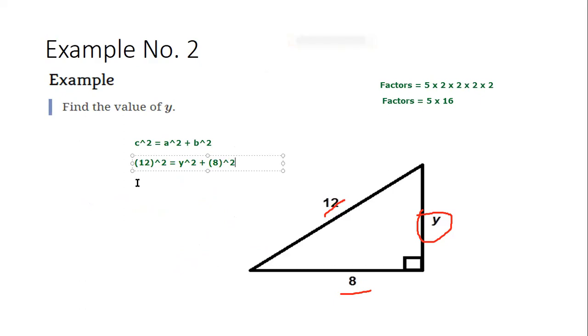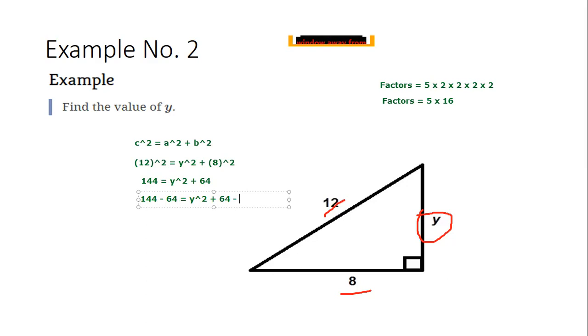So this is 144, which is equal to y squared plus 64, because 8 squared is 64. By the subtraction property of equality, 144 minus 64 is equal to y squared plus 64 minus 64. So we have here 80, which is equal to y squared.